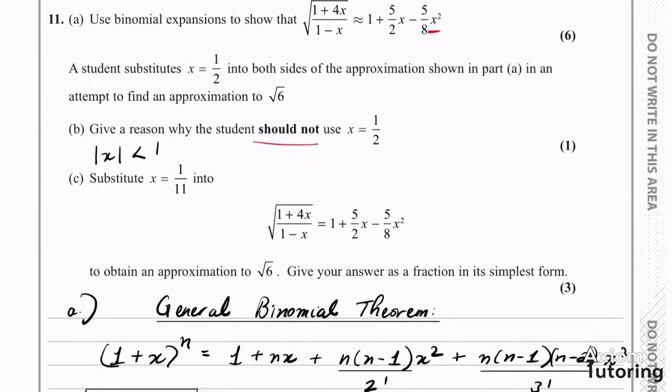Our allowed values of x: you can say modulus of x has to be less than a quarter, or x has to be between a quarter and minus a quarter. Therefore, x equals a half is not a valid substitution.